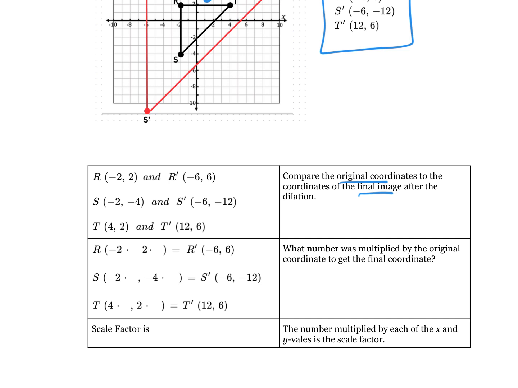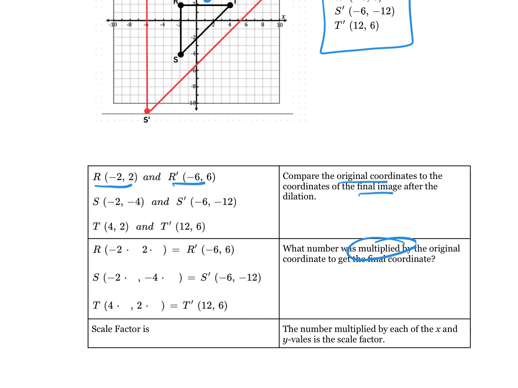So you can see here we have R and R prime, S and S prime, T and T prime. And as we mentioned, the scale factor is the number that is multiplied by to get the final coordinate. And that works for both the side length and the coordinates.